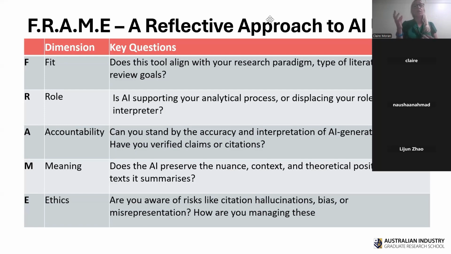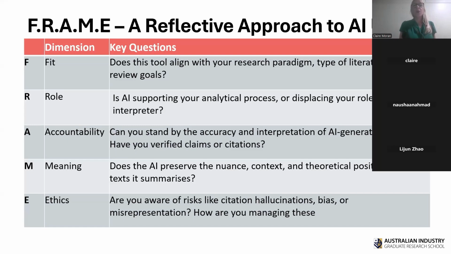So first of all, using the acronym FRAME. The F is for fit. So thinking about, does a tool align with your research paradigm, with the type of literature, and with the review goals. So we're tailoring this to doing a literature review.